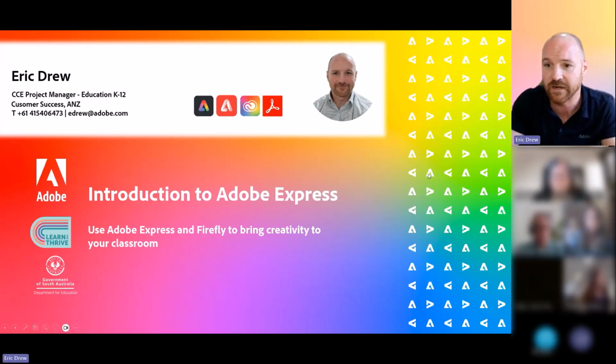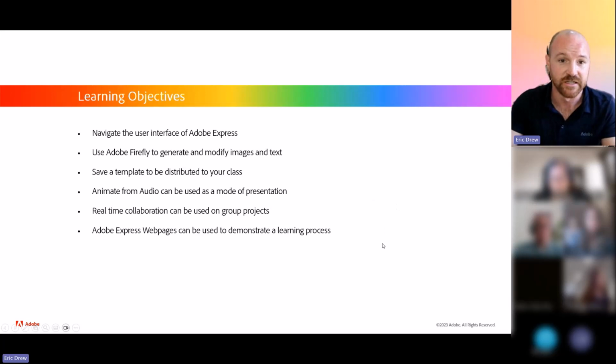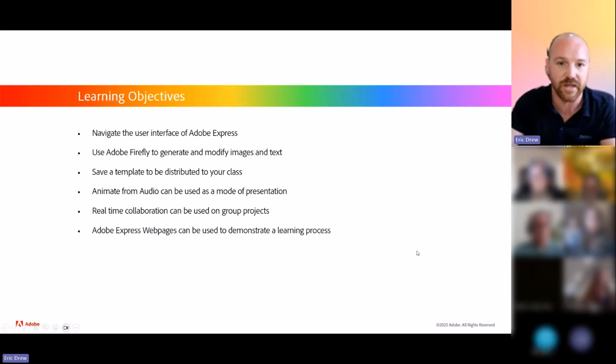So today we're going to look at Adobe Express. These are your learning objectives. So firstly, we'll have a bit of a navigate through the interface and get you familiar with that. We'll speak a bit about Adobe Firefly and get you guys generating some images using Firefly. We'll have a look at how you can use templates and distribute templates to your class.